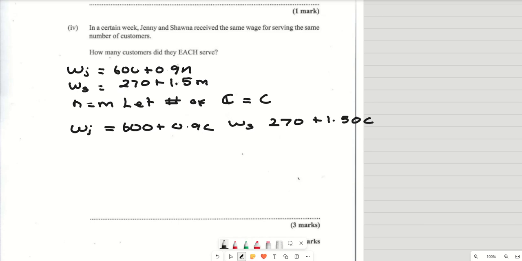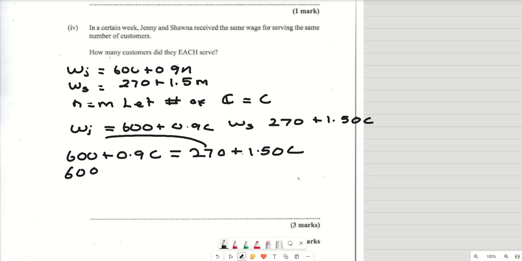So we know they have the same number of customers because C is the same. They said that we need to find the number of customers, and that they are paid the same. So therefore, 600 plus 0.9 by C must be equal to 270 plus 1.50 by C. We want to know the number of customers, so we're making C the subject. We carry across 270 over the equal sign; plus 270 becomes minus 270.